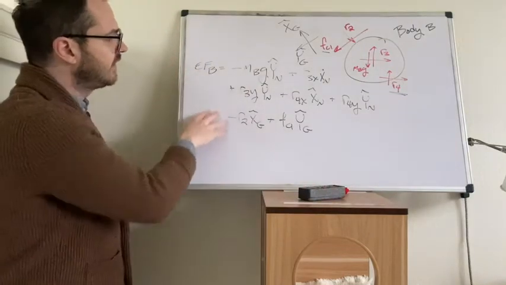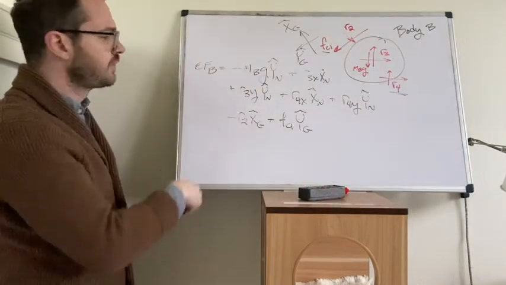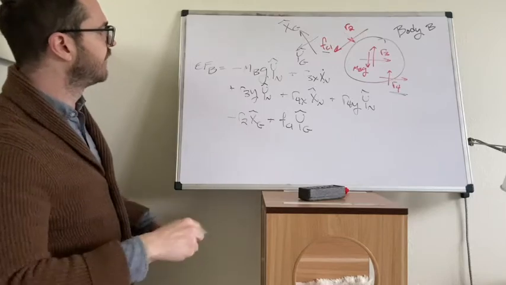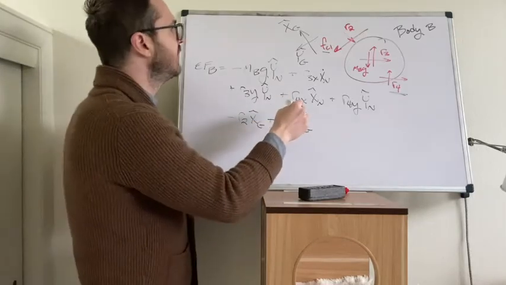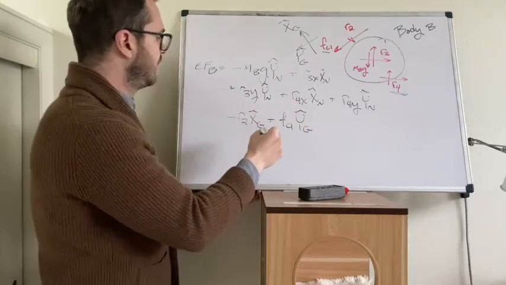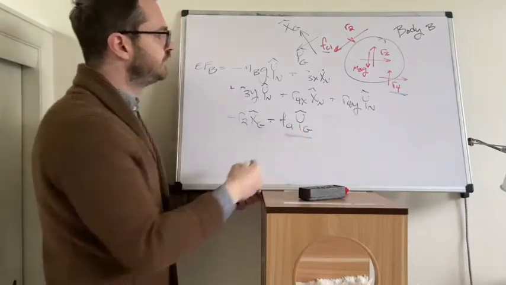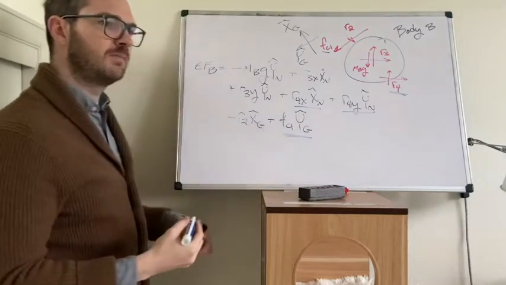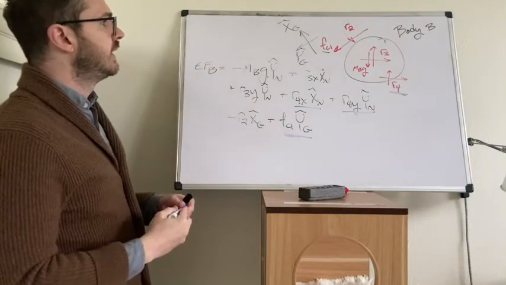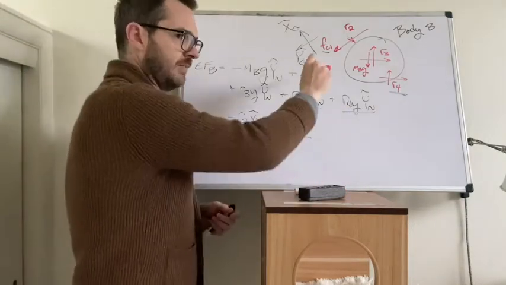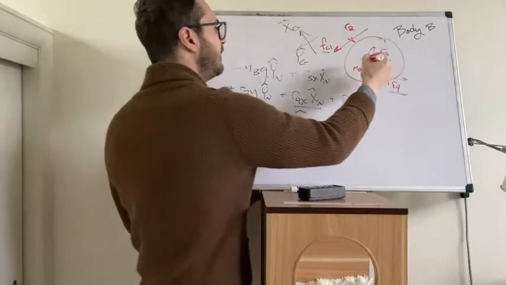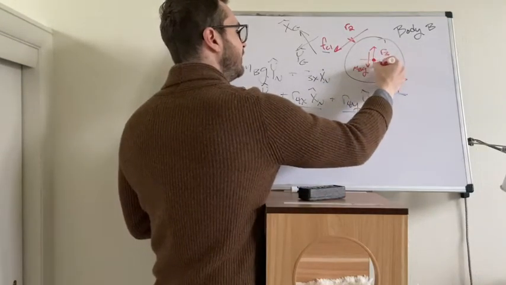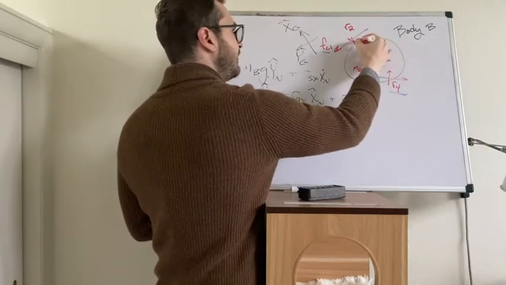So I'm going to say for now, let's leave these forces as they are, and just recall the ones that are going to create moments are going to be FC1, and then R4.